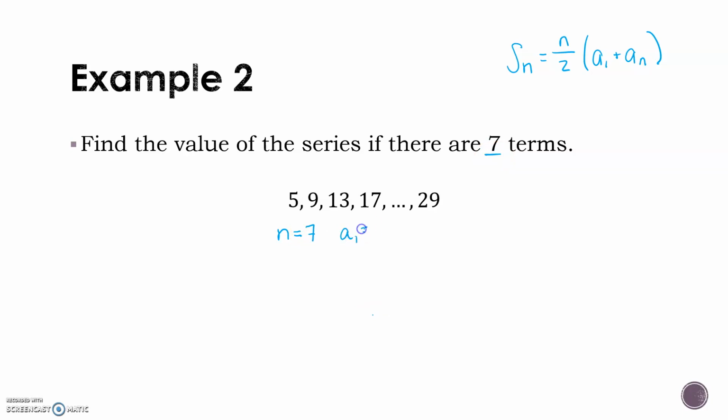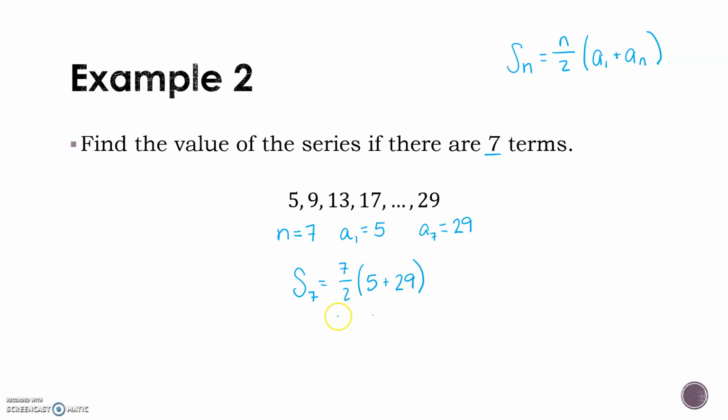My first term is 5. It's just the first one in the series. And a sub n means a sub 7, the last term, which in this case they told me is 29. So I'm going to list all 3 parts, and then write it out in the formula. S sub 7 equals 7 over 2 times 5 plus 29.